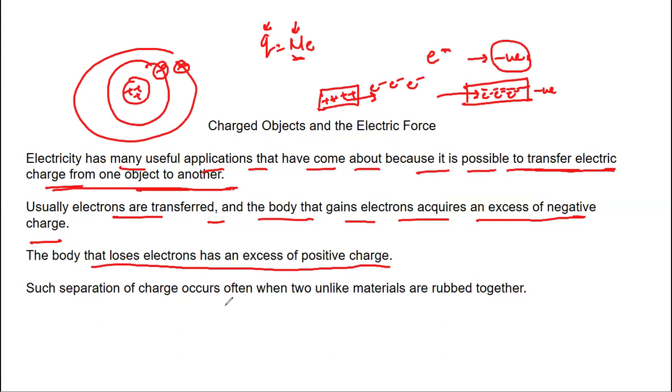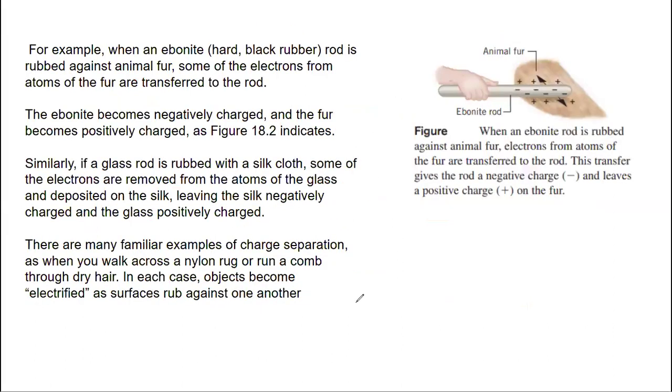Such separation of charges often occurs when two unlike materials are rubbed together. We will see some applications and daily scenarios in which you can separate charge by rubbing two different materials with each other. Now, let's get into the example we have here.